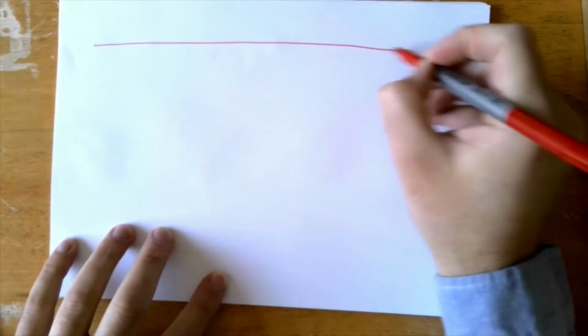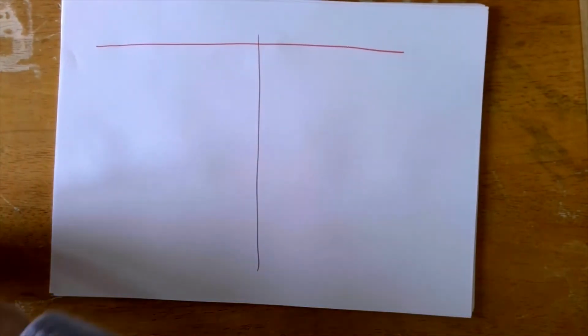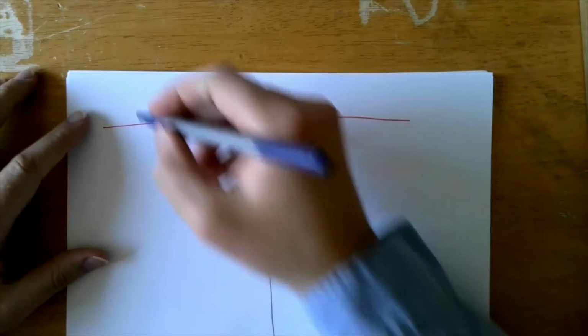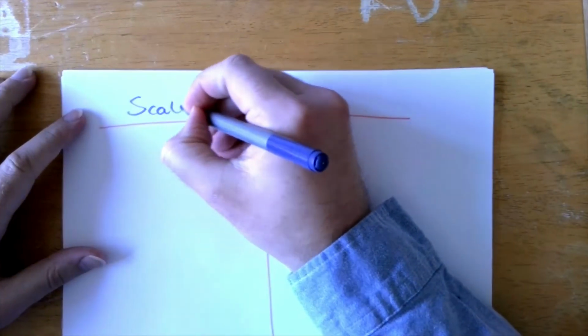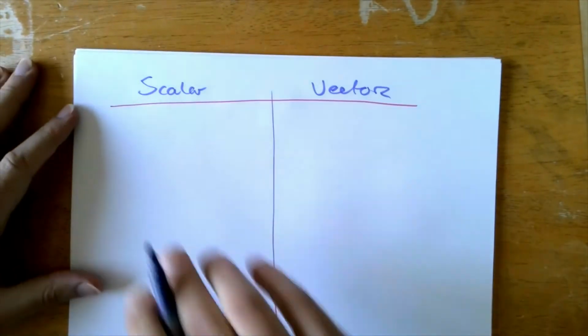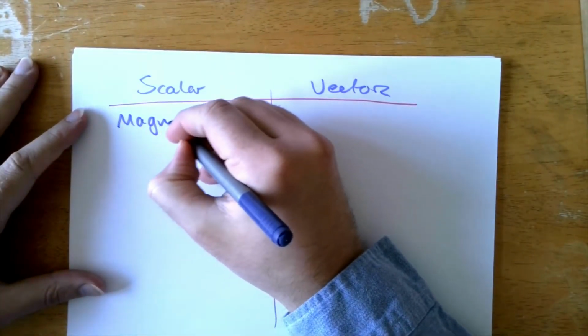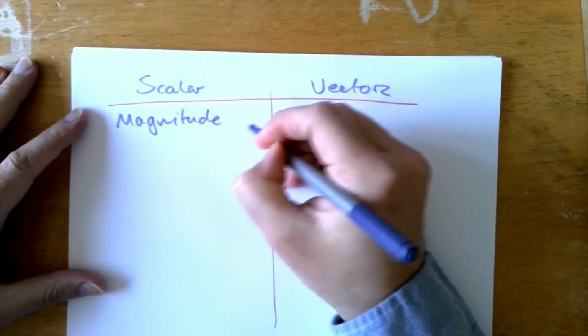The roundabout way of saying that is that there's two different types of quantities. We've got two different ways of describing different numbers. We have what's called a scalar, and we have what's called a vector. And they're slightly different things. A scalar has only magnitude. Magnitude just means it has a number and a unit.